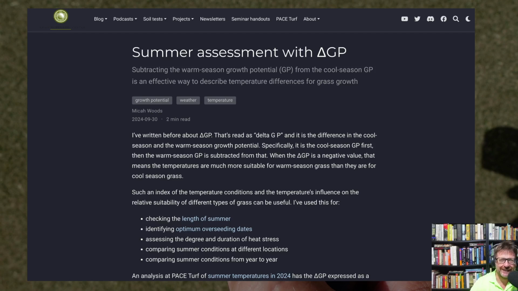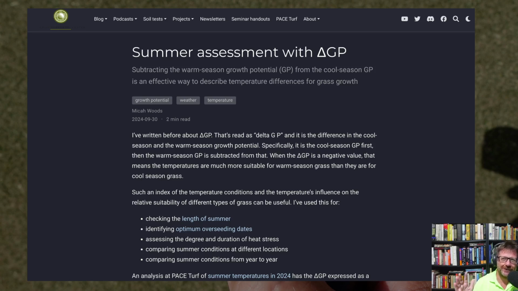So if that is a high number, then we are going to have relatively good temperature conditions for warm season grass growth. And that's what those are. And then by expressing the difference between them, or the delta, we can say which one is better.